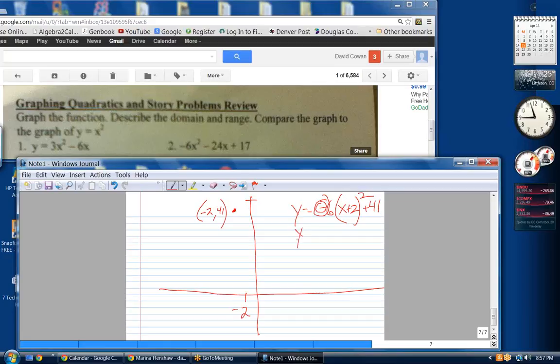What is y of 0 equal to? Do I plug it into the original function, right there? Okay. Plug in x equals 0.